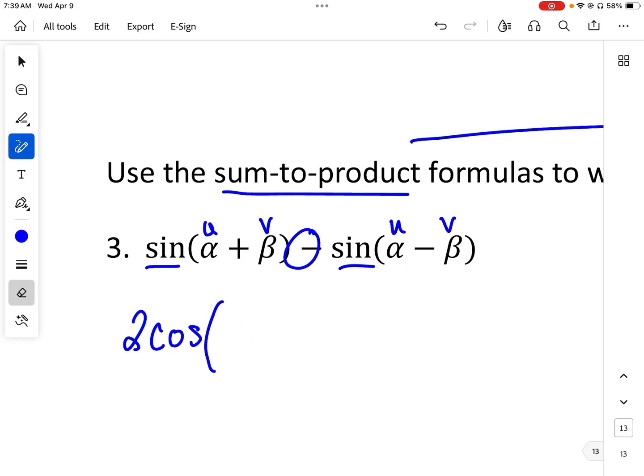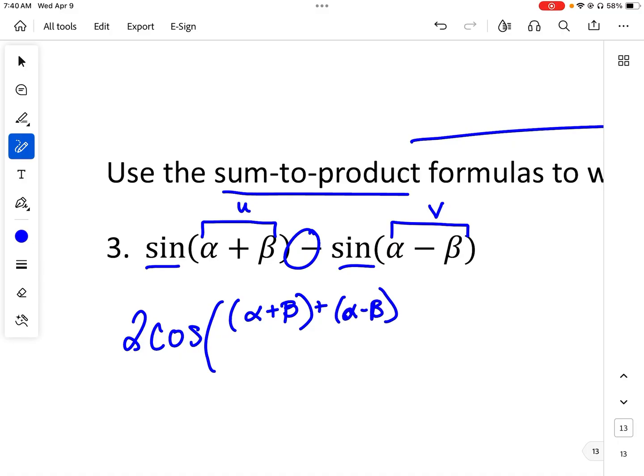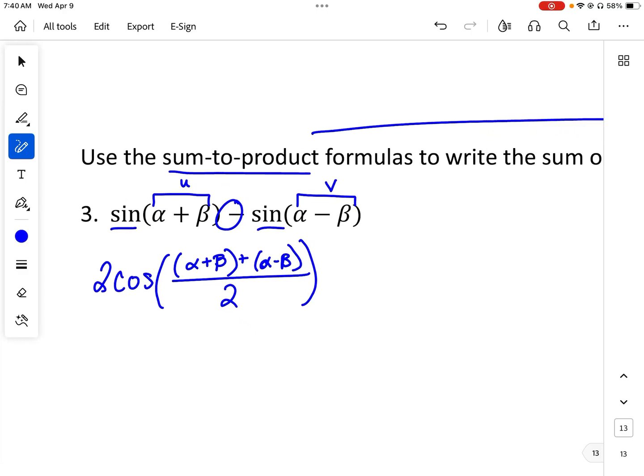Hold on, I think I rushed it a minute. Let's fix this real quick. This whole thing is u. This whole thing is v. So I'm going to put this alpha minus beta over 2.